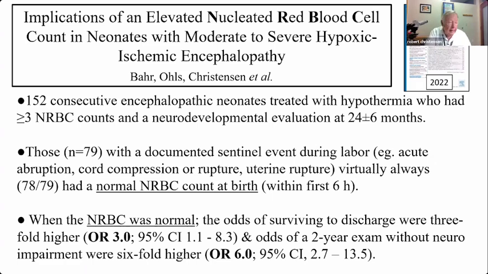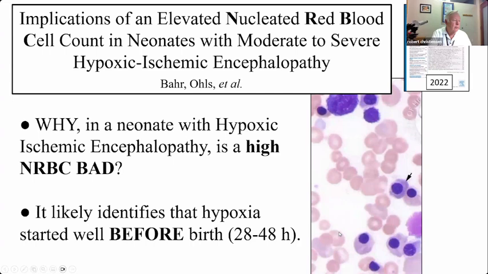And when the count was normal, within those limits that I showed you, even though they could be quite encephalopathic and very acidotic, their odds of surviving to discharge were 3-fold higher than if the nucleated red cell counts were elevated. And at 2-year follow-up, their odds of having no neurodevelopmental impairment were 6-fold higher than those who had high nucleated red blood cell counts at birth.